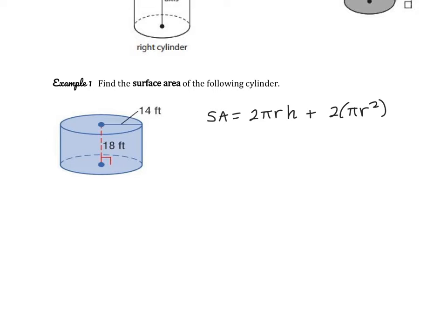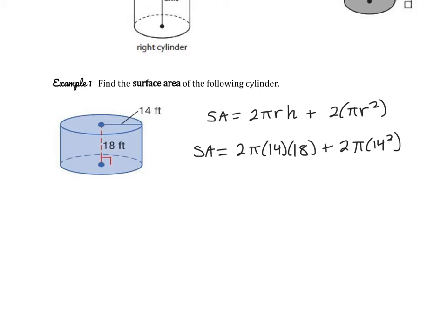Here we can see that we have a radius of 14 and a height of 18. So we should have everything we need to find the surface area. We do 2 times pi times the radius times the height plus 2 times pi times your radius squared.